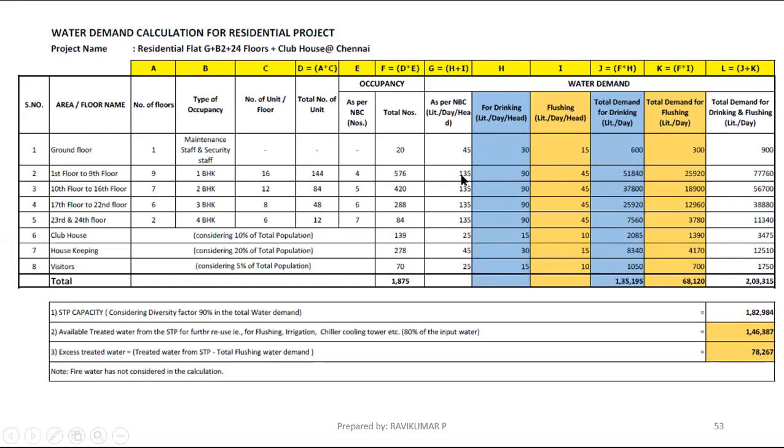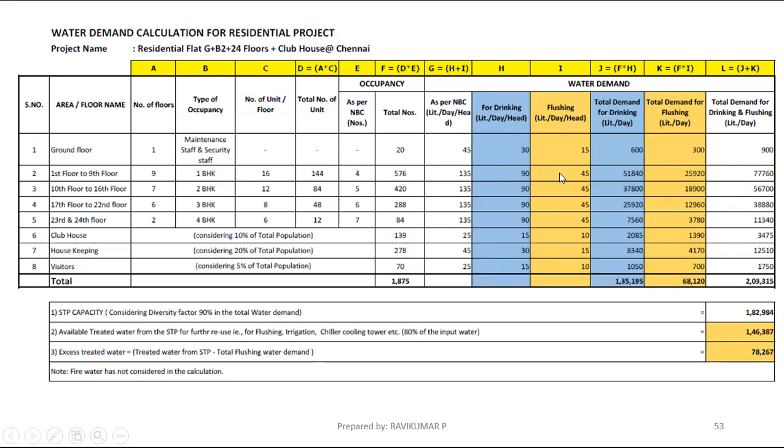If you are considering 130 liter for each person, as per NBC, liter per day per head. In this 130 liter, you have to consider 90 liter per day for drinking or other domestic purpose. For flushing, 40 liter you have to consider.